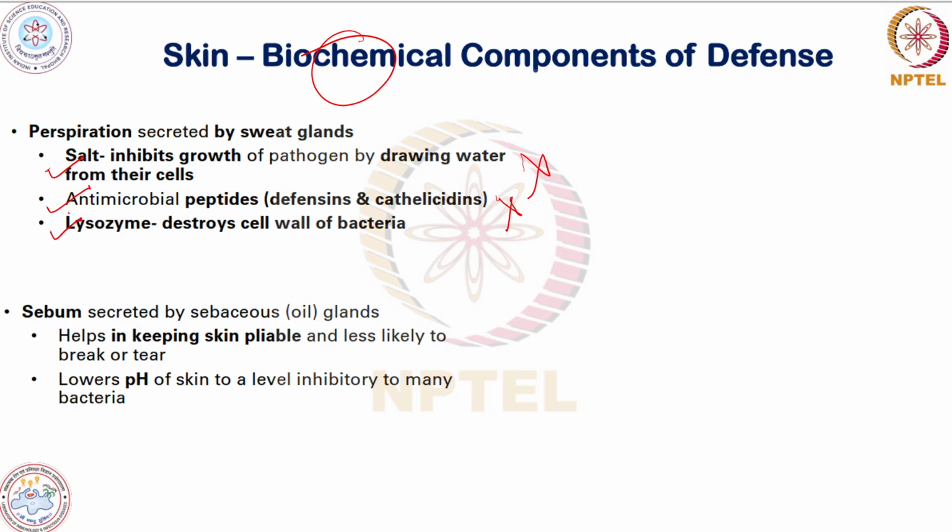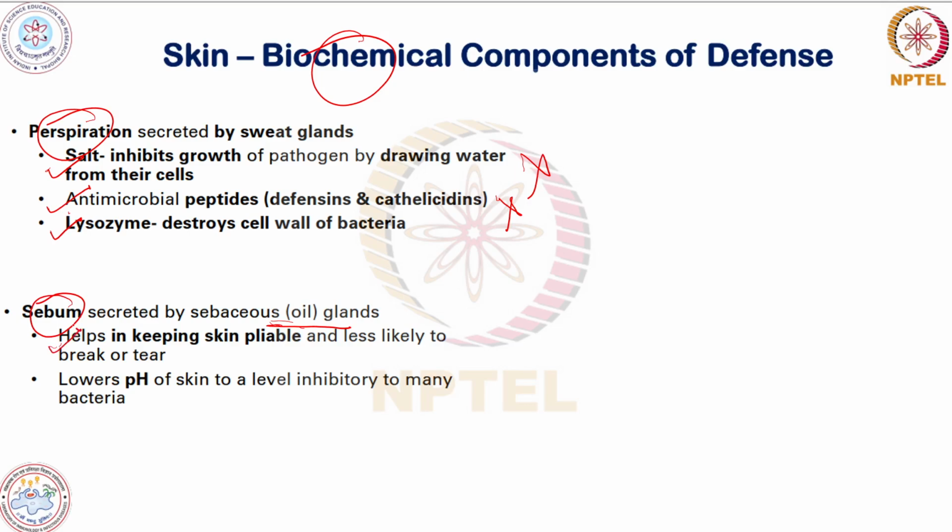And the next capacity of the skin is sebum production. First was perspiration, that is sweating. Second one is sebum, that is oil production. So sebaceous glands produce sebum, which helps to protect us from infection in two ways.